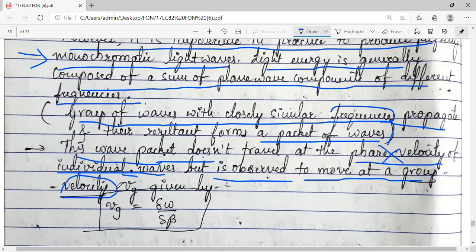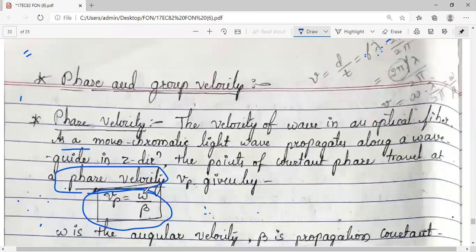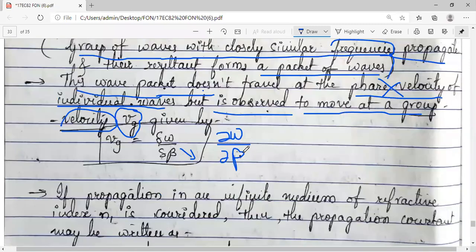And what is this group velocity Vg? The group velocity Vg is equal to del omega by del beta, where del is nothing but the partial derivative. Omega by beta is the phase velocity. When you take del omega by del beta, the parameters are changing.